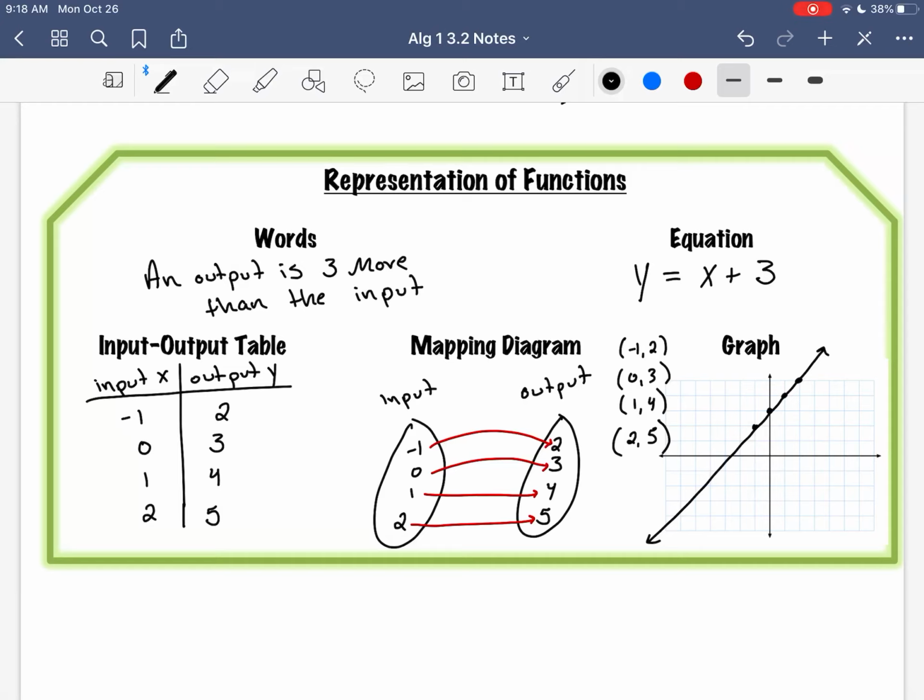Any of the points on that line will work, even the in-between points. I could put a half in and get 3.5, or put 1.5 in and get 4.5, and so forth. So these are all different ways of representing a function.